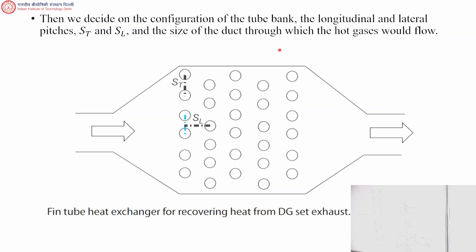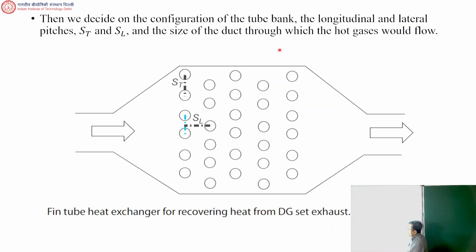And we can have this kind of an arrangement. So if you have this kind of arrangement, then we also have to think about the pitch of tubes in the transverse direction, T for transverse, and also the pitch in the longitudinal direction.